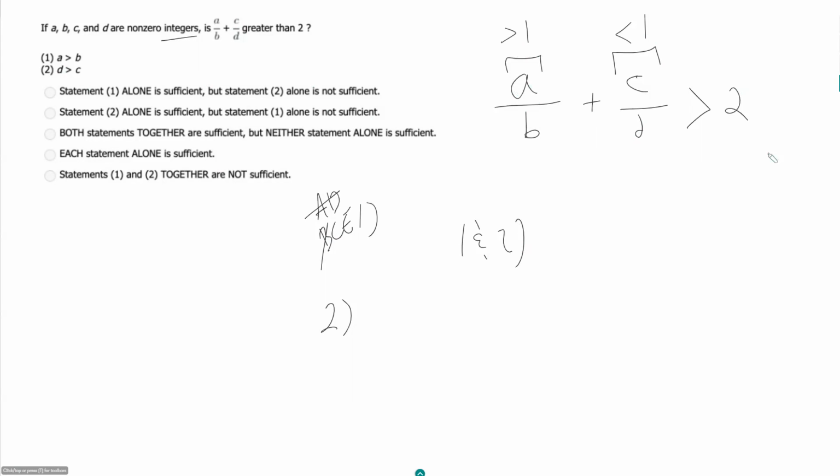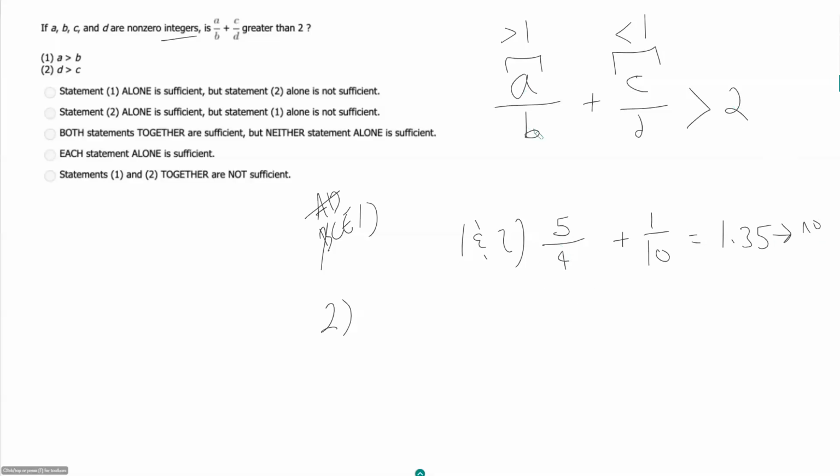But without knowing how much greater than 1 this guy is, this isn't super helpful, because we could have something like 5 over 4 for a over b, and then over here we could have 1 over 10, and this would be 1.25 plus 0.1, which is 1.35, and so this is not greater than 2, so this would be a no to our question.